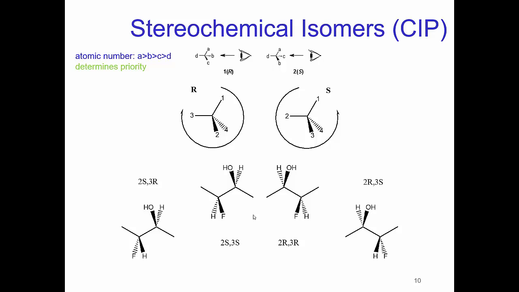So that's what determines priority. Then we take the atom with the lowest priority, which in this case is D, and we orient it in a line directly away from the direction that we're looking. So that's why it's showing a picture of an eye looking to the left, and then the carbon D bond goes off to the left, farthest away from the eye.